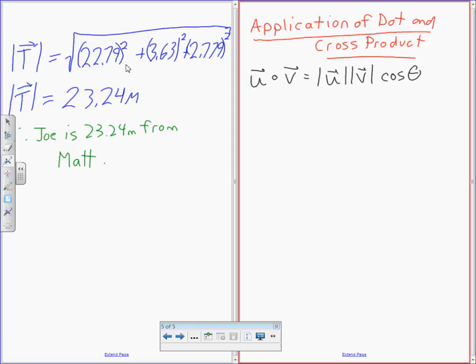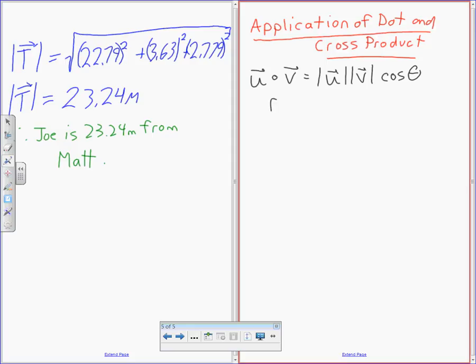When I'm dotting Cartesian vectors, how do you dot Cartesian vectors? Someone in the second row. Let's write this in English. Evan, how do you dot Cartesian vectors? Okay.